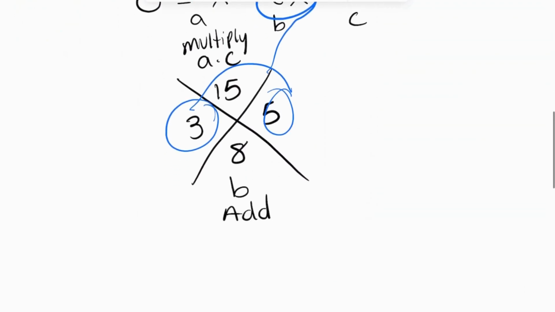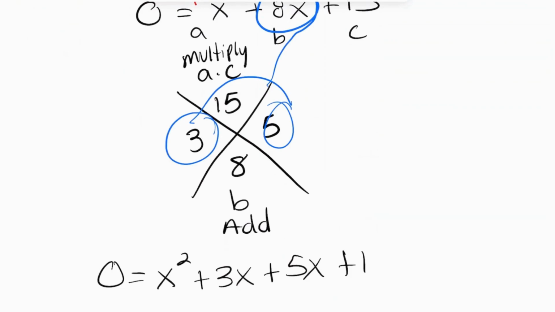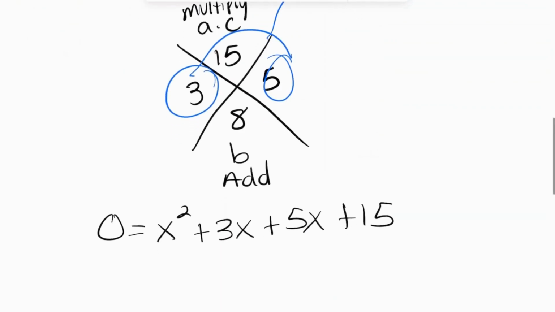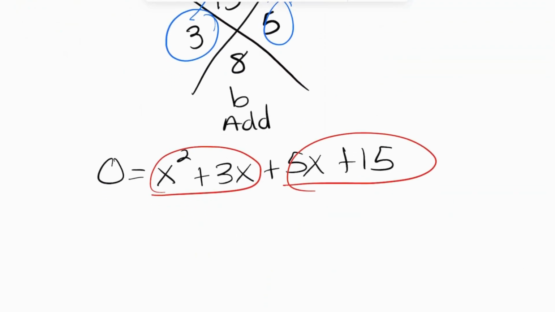So we have 0 equals x squared plus 3x plus 5x plus 15. I'm going to go ahead and group them. Here is my first group and my second group. So what can I factor out of the first group here?